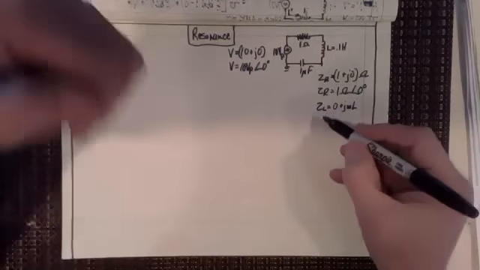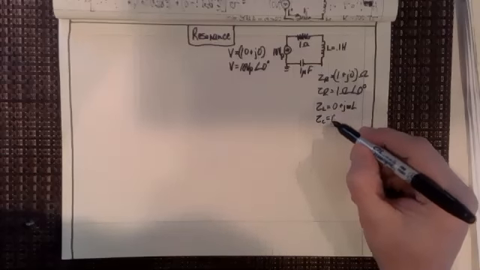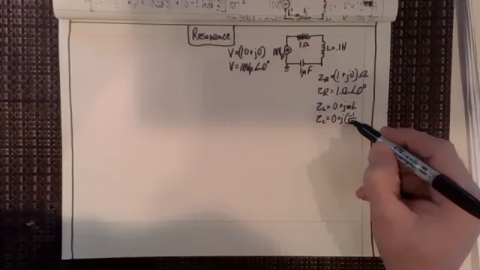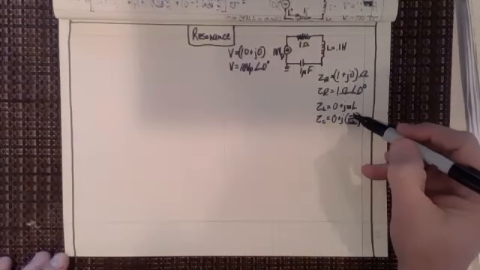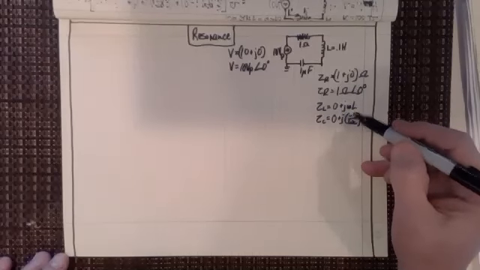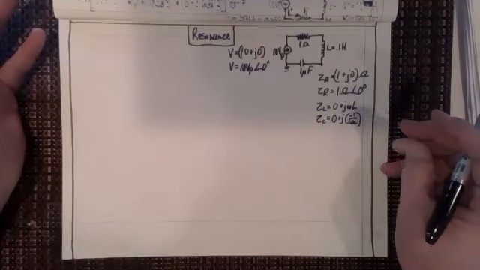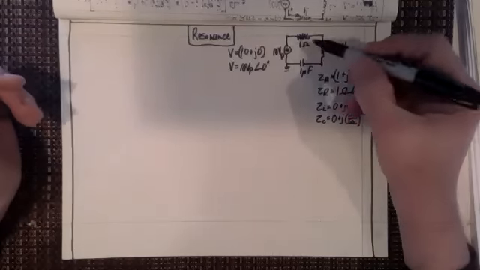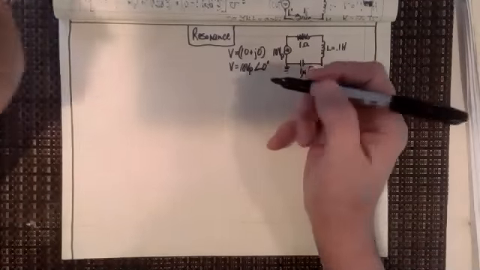And for Z sub C, we've got 0 plus j times minus 1 over omega C. Since this is a minus and that's a plus, if I were to add these two together and they came out to 0, what would that be? I want them to add together to 0, because we're going to find the equivalent impedance.